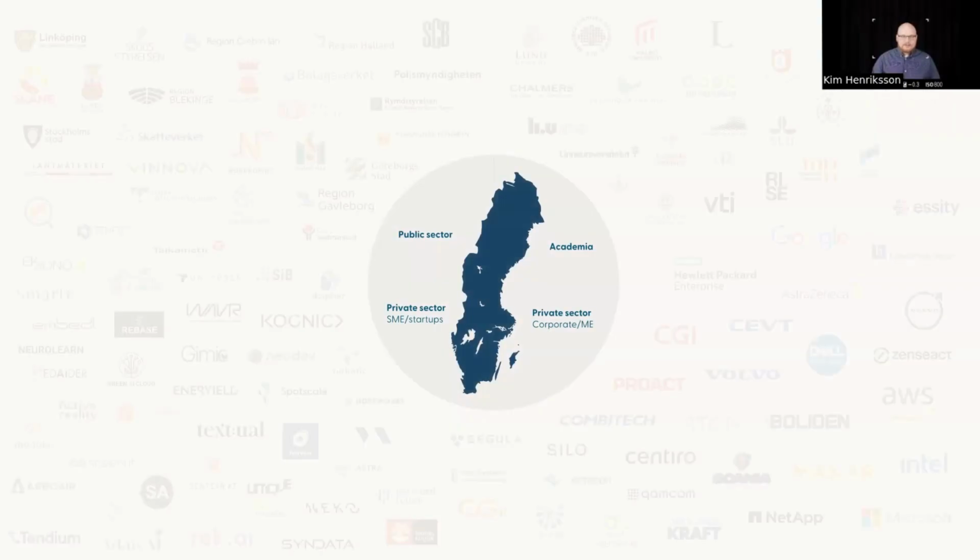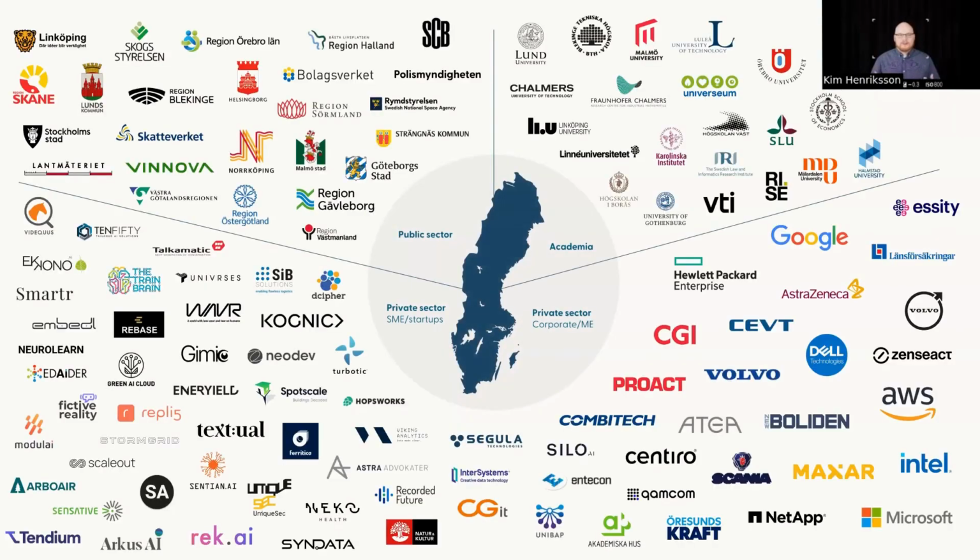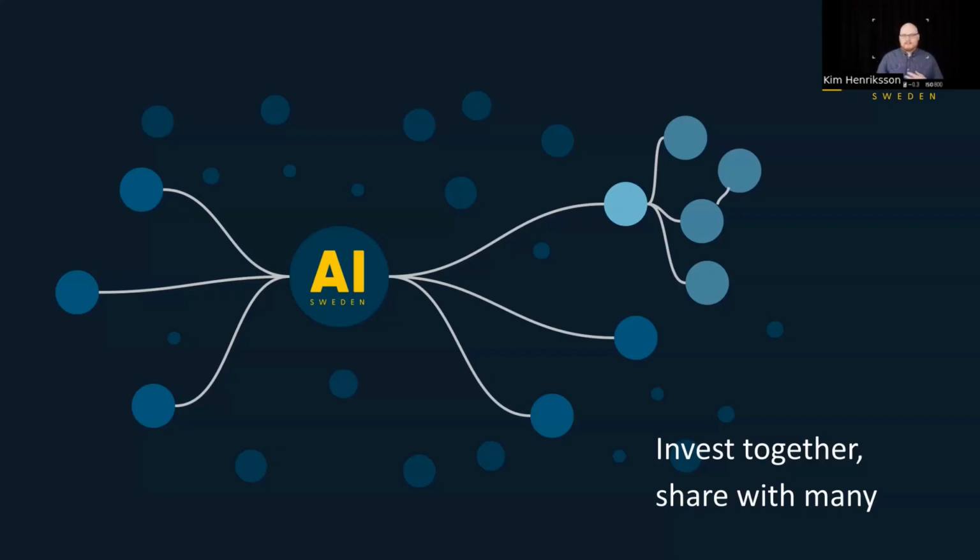To frame the picture a bit more, since we're a collaborative organization, we are made up of several partners, from private sector and small companies to large global tech companies, public sector, and academia. What we try to do is to get all of this to work together and invest time and effort and share that with each other.